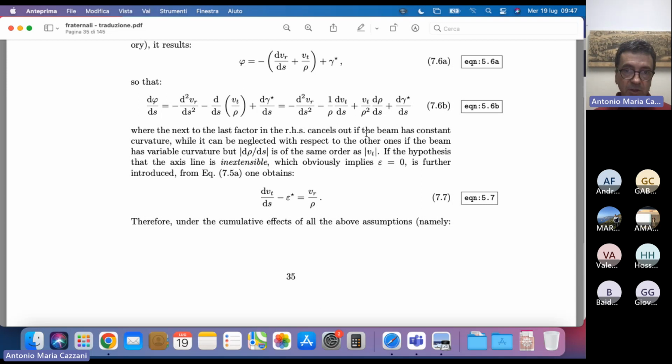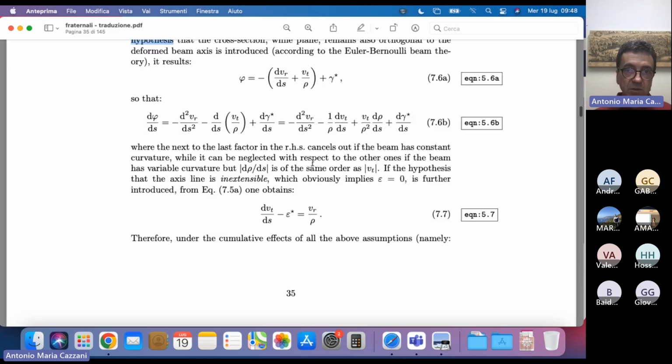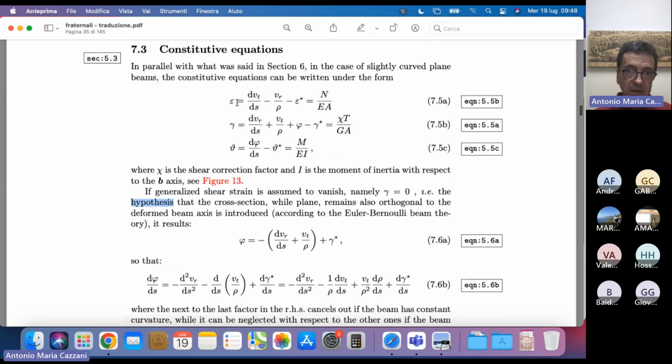A further simplification can be made if we assume that the axis line is inextensible, which implies, of course, that the axial strain epsilon must be zero.